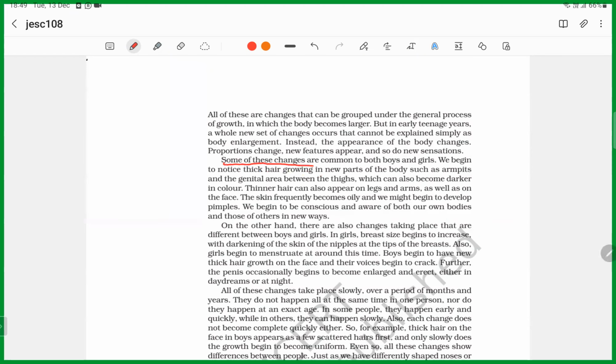Some characters are common in both boys and girls: thick hair growing in new parts of the body, in the genital area between the thighs, darker coloration, and thin hair on legs and arms, even on the face. Pimples, and we are cautious and aware of both our bodies and those of others.